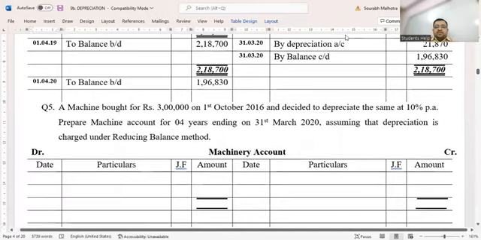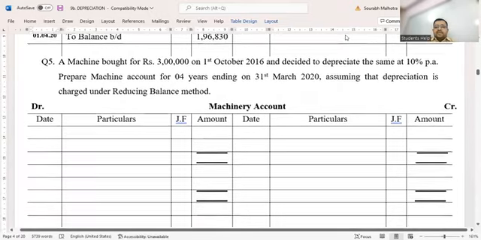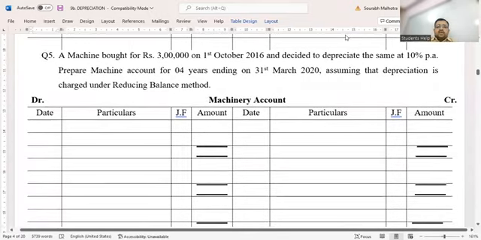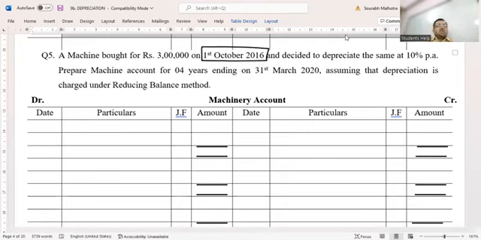Same question, children. The only difference is that now the date of purchase, instead of April 1st, is October 1st. So the year in which we have bought the asset starts in April and ends on 31st March. आपने अक्टूबर में asset खरीदा.